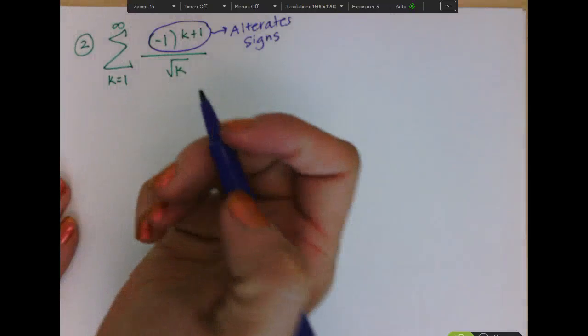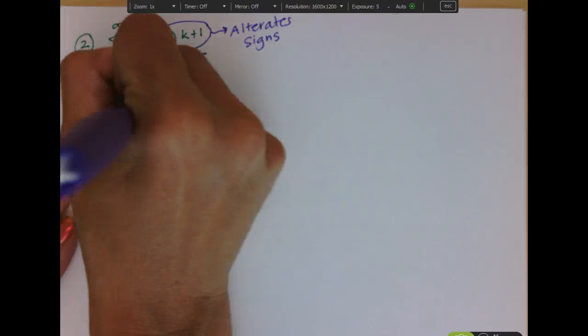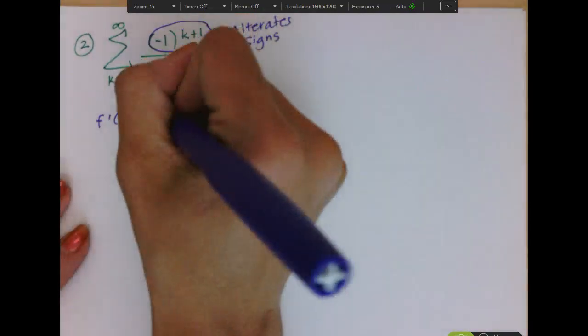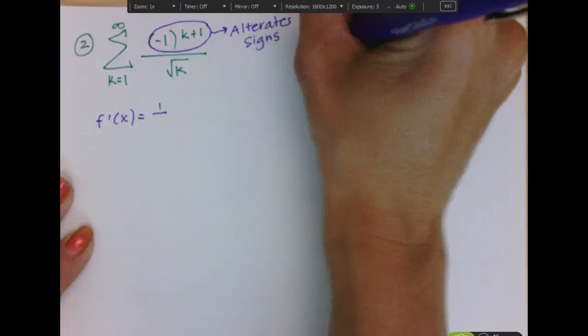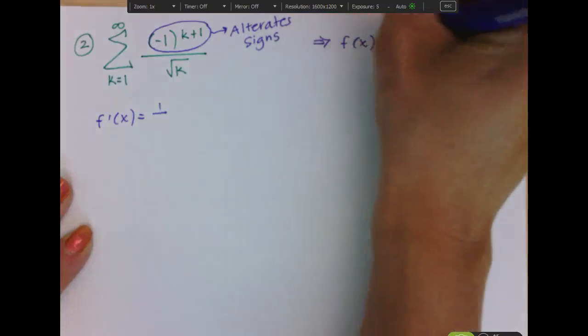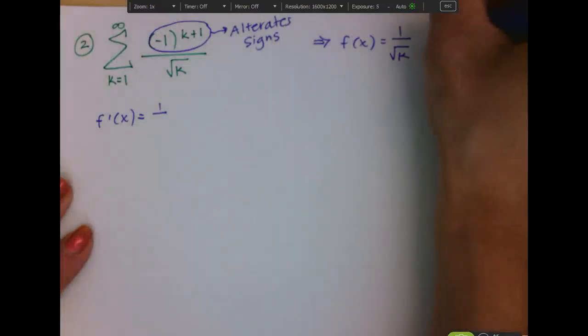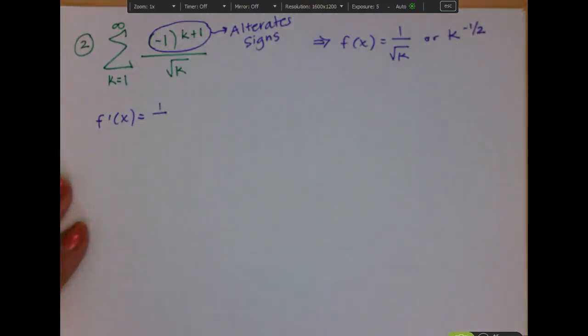So the first condition will be to do the first derivative test to check to see if the function is going to decrease or be non-increasing after some value n. What I want to do is let f of x equal 1 over the square root of k, so leaving out the alternating sign, or writing that as k to the -1/2.